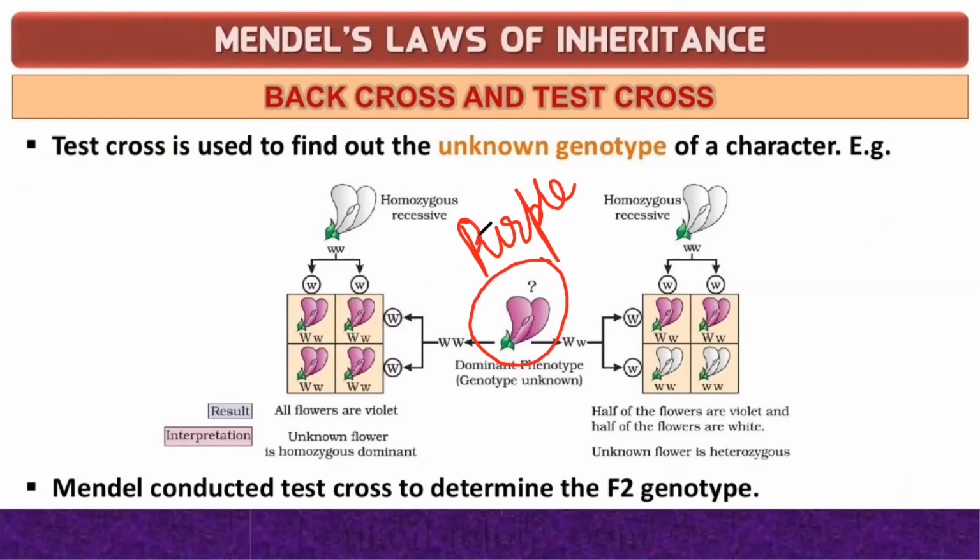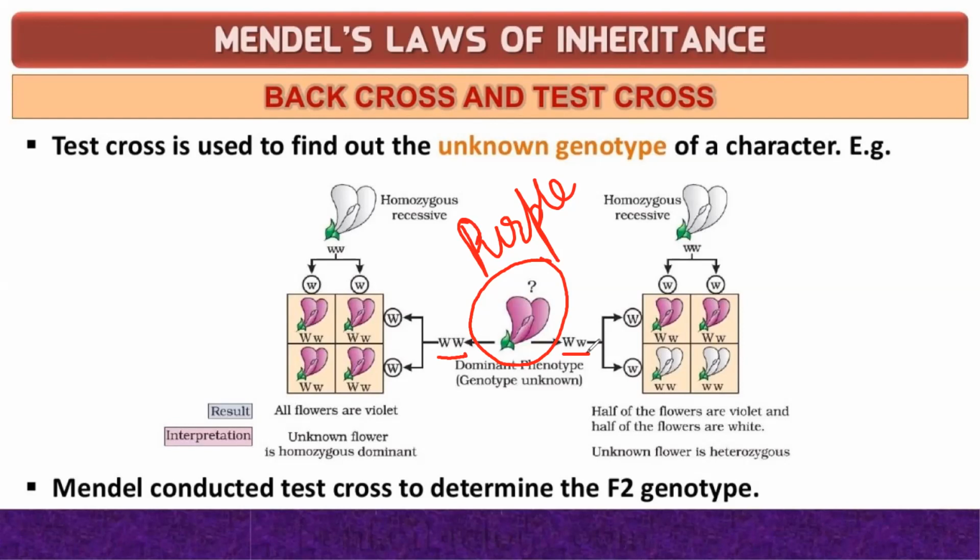Let's say the genotype is either capital W capital W, or heterozygous, that is capital W and small w, right?